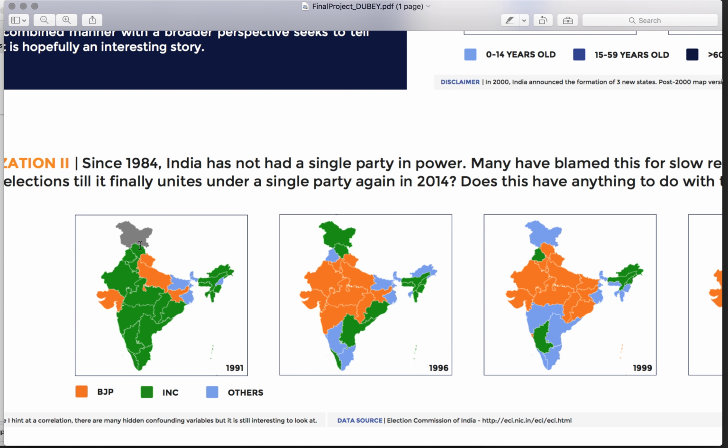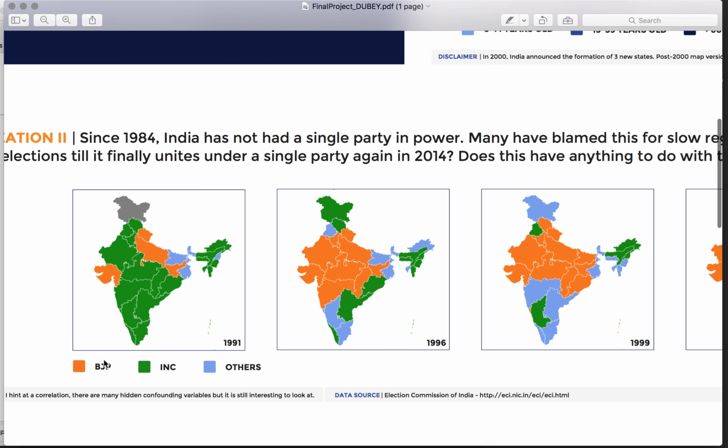Here, as you can see, the state is gray because in 1991, the state of Jammu and Kashmir actually did not hold elections because of security threats over there from the neighboring countries. The colors represent two major national parties, and light blue represents other parties.